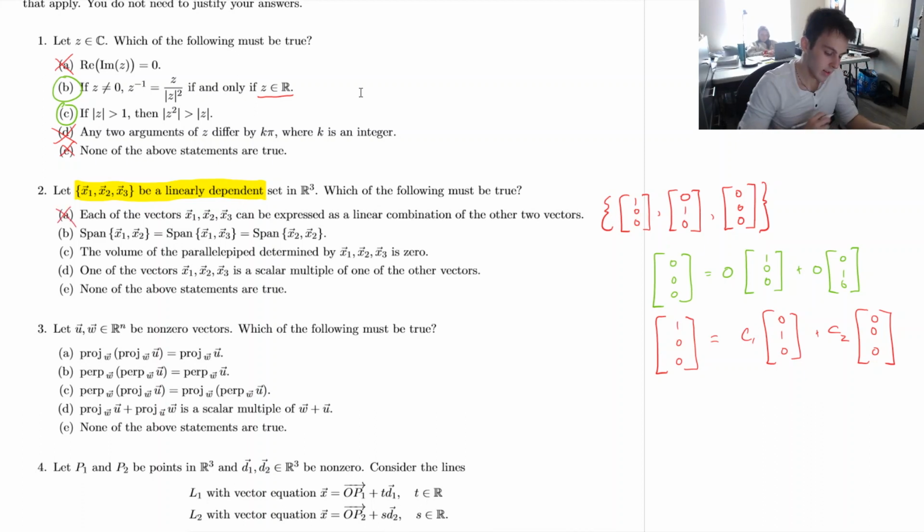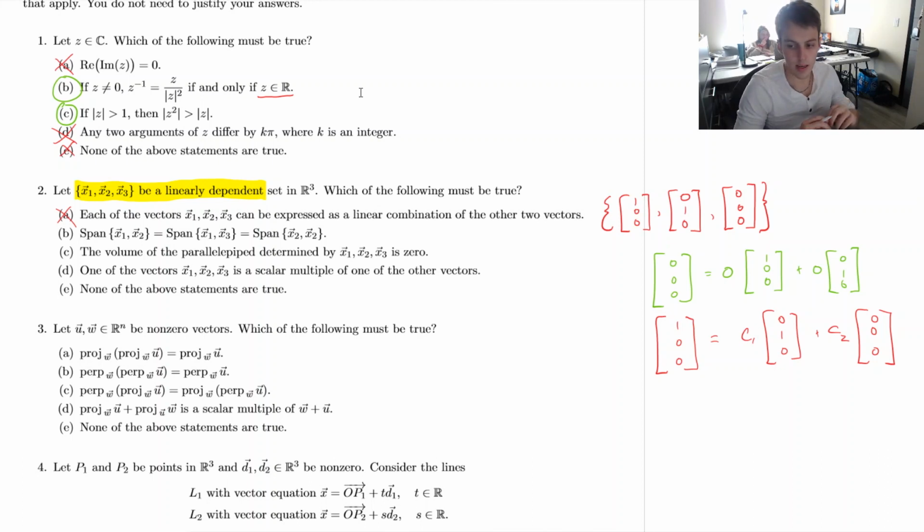Okay. So B says the span of x1 and x2 equals the span of x1 and x3, which equals the span of x2 and x2. This one would be true, except we know that the span of x2 with itself is not the same.